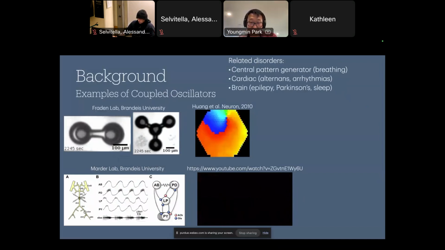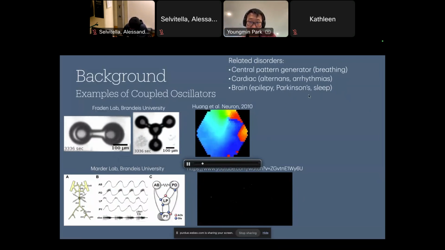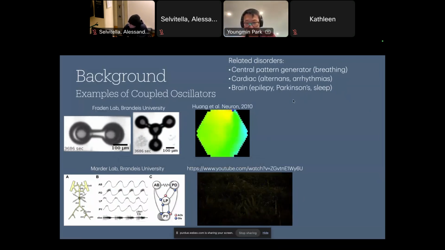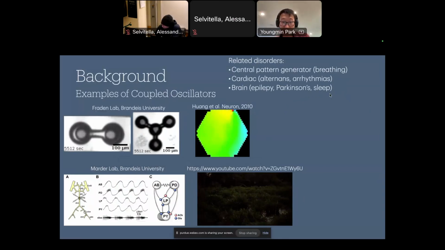And in the brain, you could have epileptic seizures, which are the result of neurons synchronizing too much. And then there's all kinds of evidence about how Parkinsonian tremors might be due to an oscillator-related issue somewhere in the brain. And then sleep disorders, that's related to an oscillator, but this time maybe more related to the circadian rhythm.